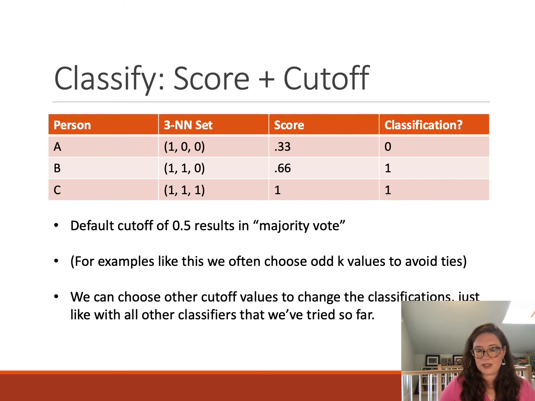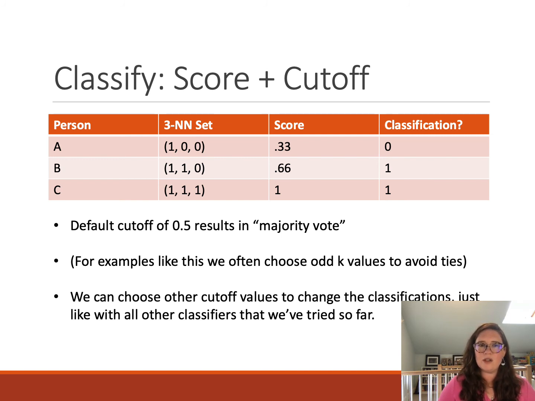For examples like this, we often choose odd k values to avoid ties. We don't want two neighbors in one class and two neighbors in the other class, because then there's some ambiguity about the classification.